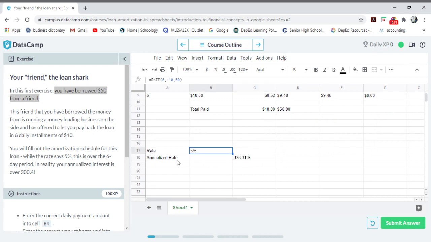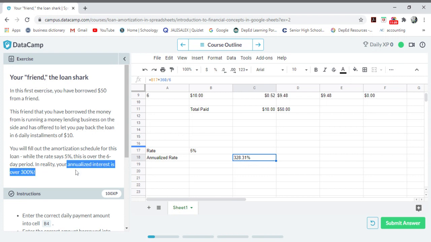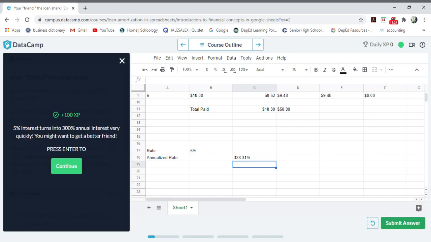But if you solve for the annualized rate, you will have 328.31 interest. That's a lot. That's why we have here annualized interest is over 300%. So if we're going to submit our answer now, that is, of course, correct.